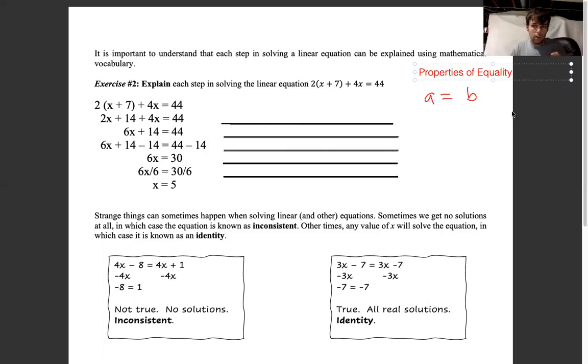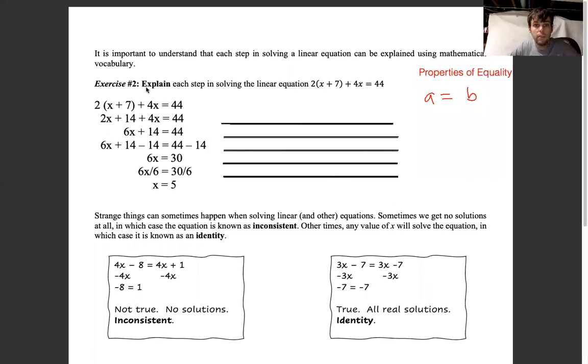And with multiplication, you're also not allowed to multiply by 0, because when you multiply by 0, you turn everything into 0. So if your equation was not true before, you would make it true. It just gets a little complicated. 0 is a special thing.